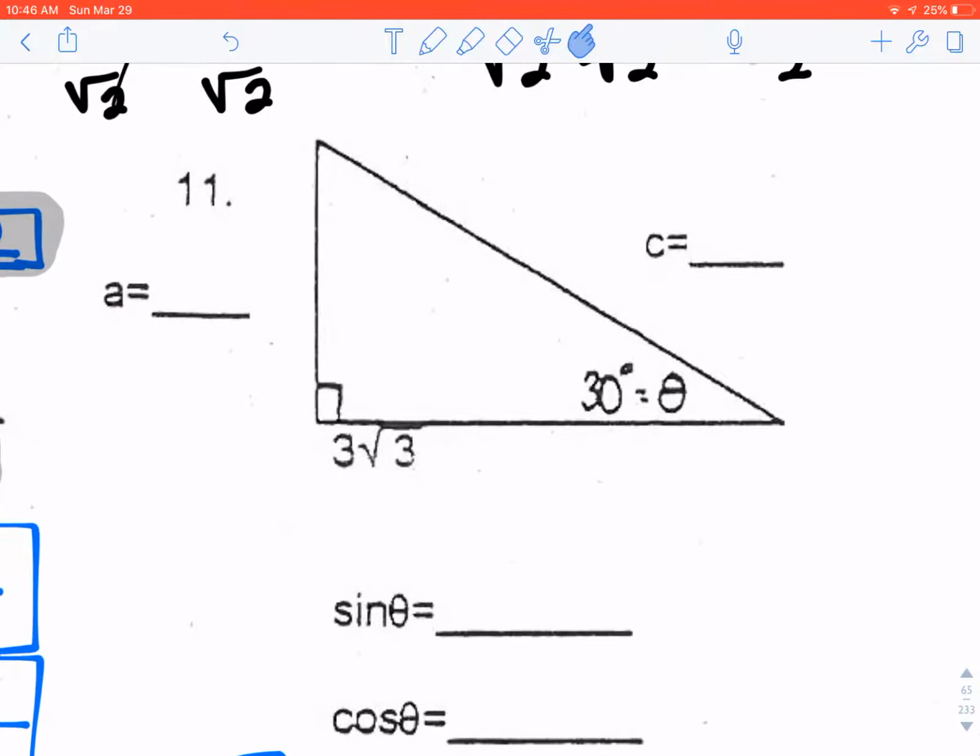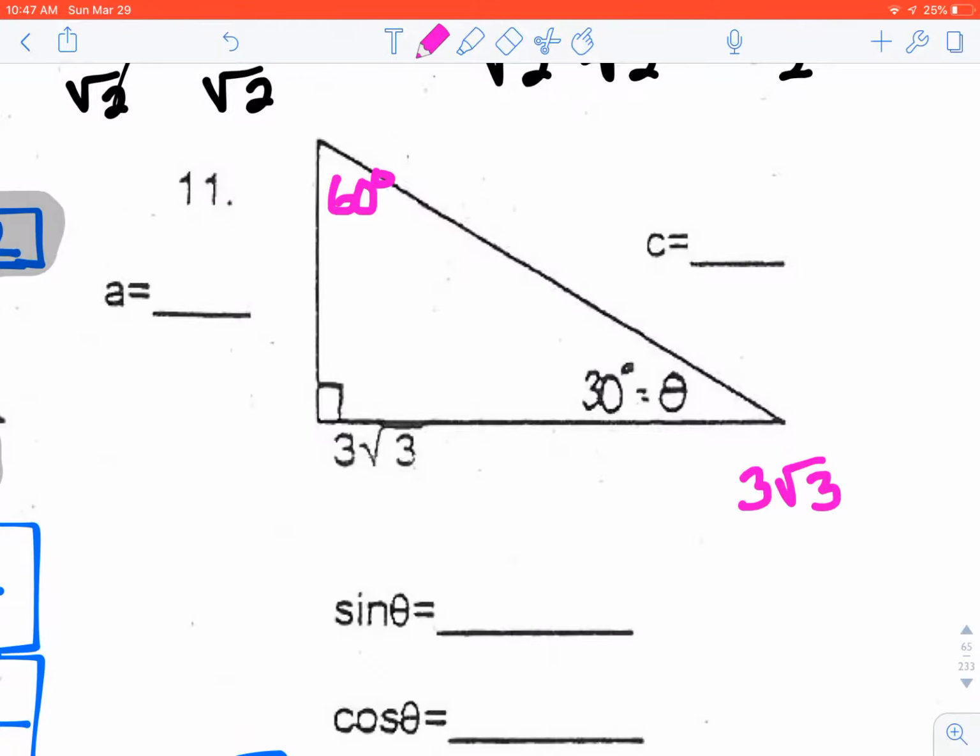Okay, number 11. Very similar to number 10 in the fact that we need to make sure we are writing in our 60 degrees here, and we need to find our missing sides. So this time we have the longer side. We know that the longer side is 3 square root 3, which remember, our longer side is equal to x square root 3.